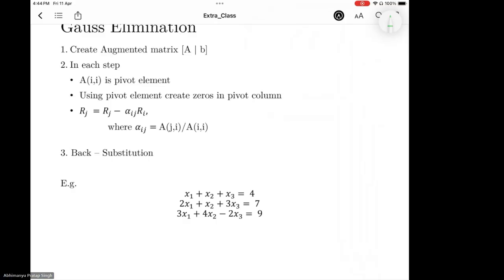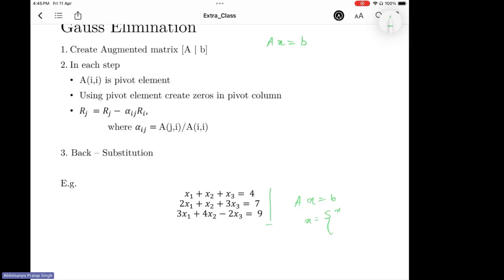Suppose you have a system of equations as Ax = b. Let us take this example. We can convert this into a system of equations as Ax = b, where x is the vector of unknowns.